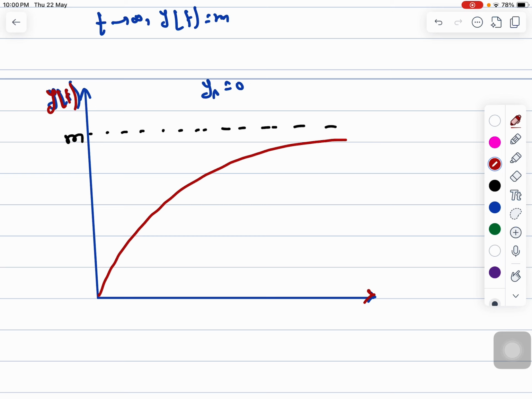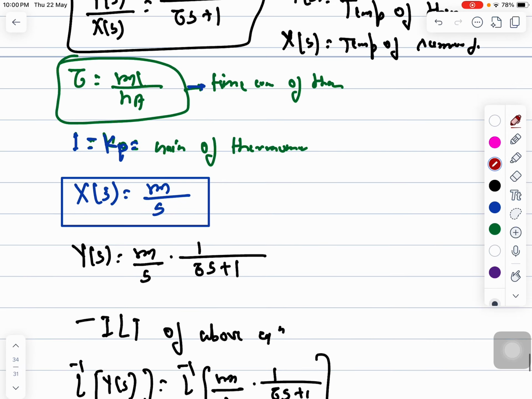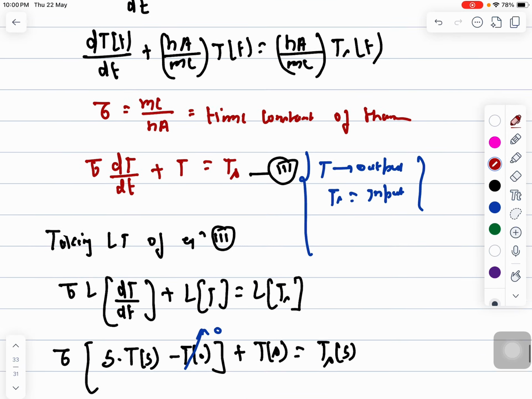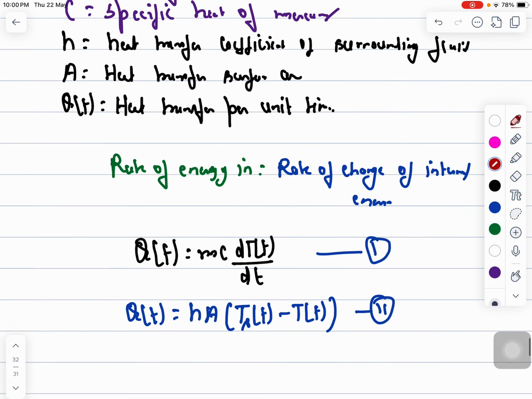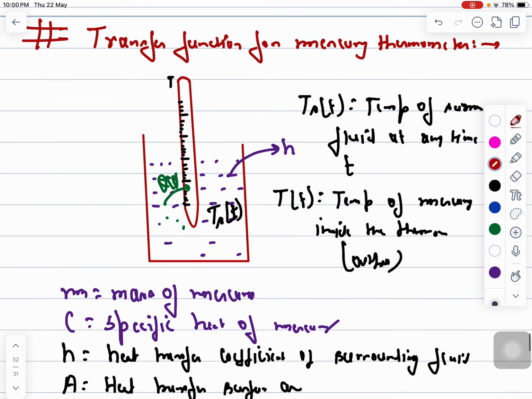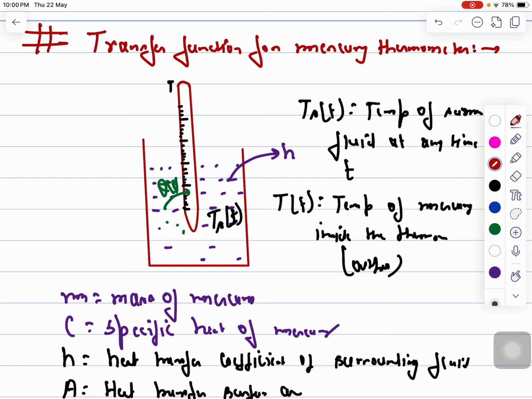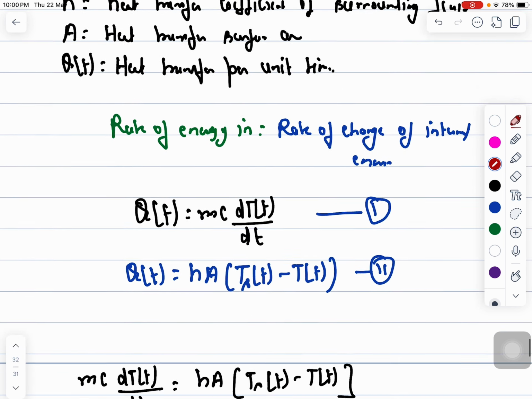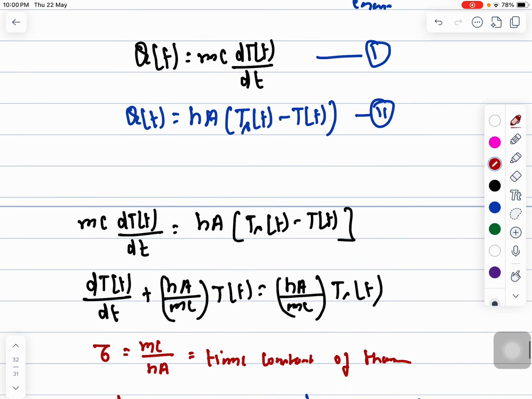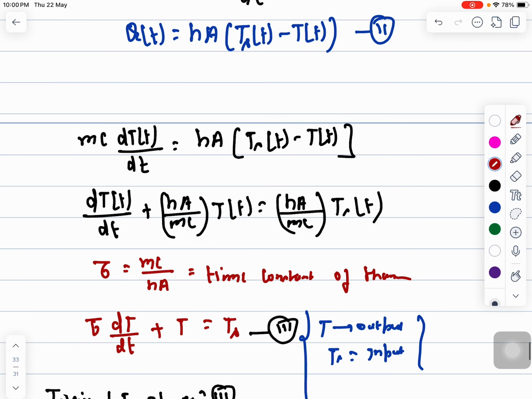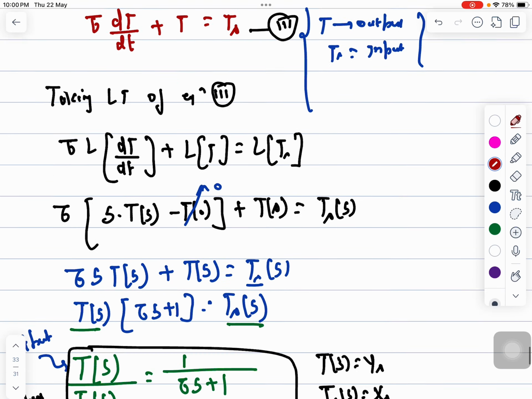So this is how you can derive this kind of transfer function for the first order, and the mercury thermometer follows the first order dynamics, where the rate of heat transfer is equal to the rate of change of internal energy. And why is this internal energy of mercury getting changed inside the thermometer? Due to the rate of heat transfer by convection from the surrounding fluid to the thermometer, the expansion in the mercury happens, and that's why once you apply this energy balance, you will get a first order ordinary differential equation.